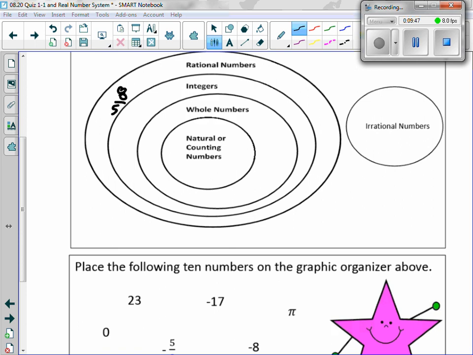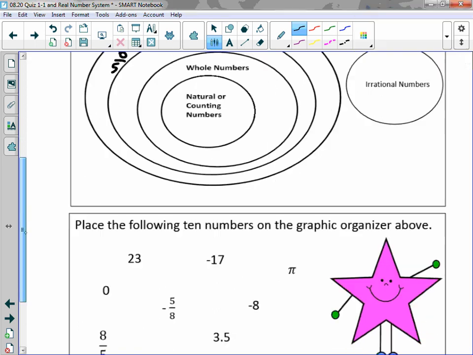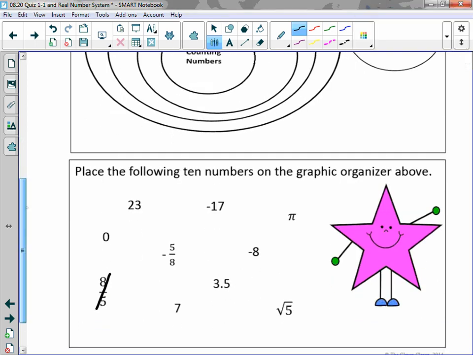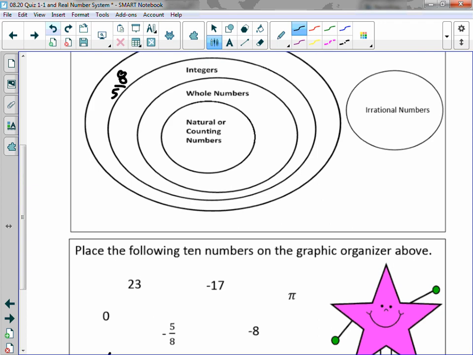Okay, so we placed 8/5. 0. 23, counting. Natural or counting numbers. -17. Pi. Irrational. -8. -5/8.